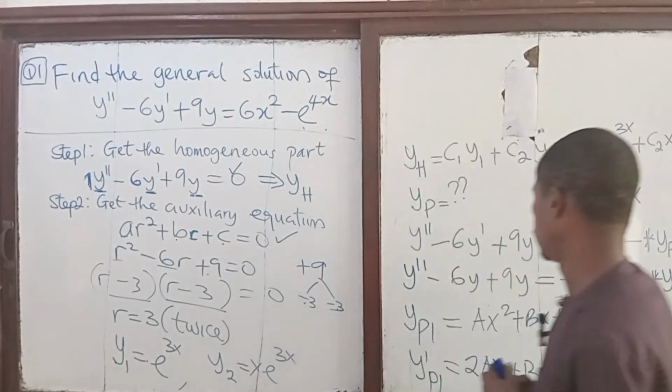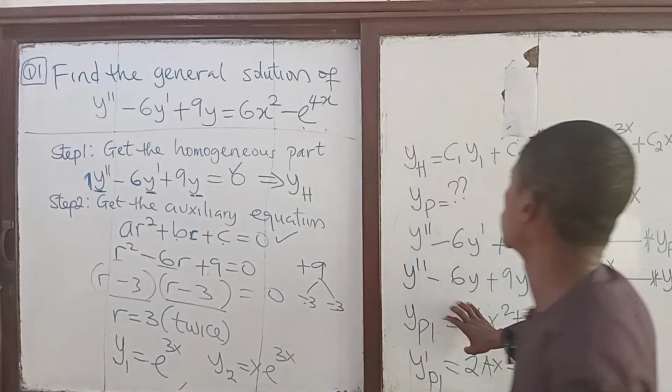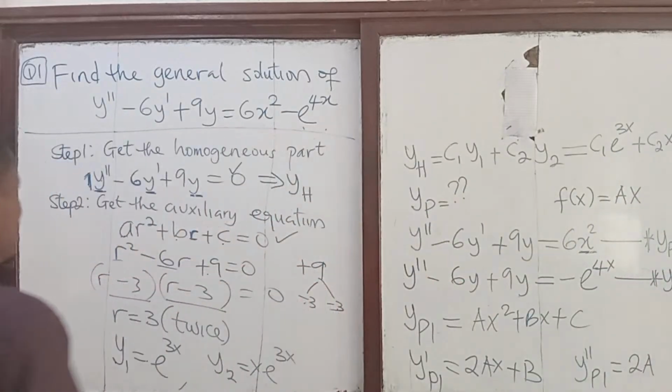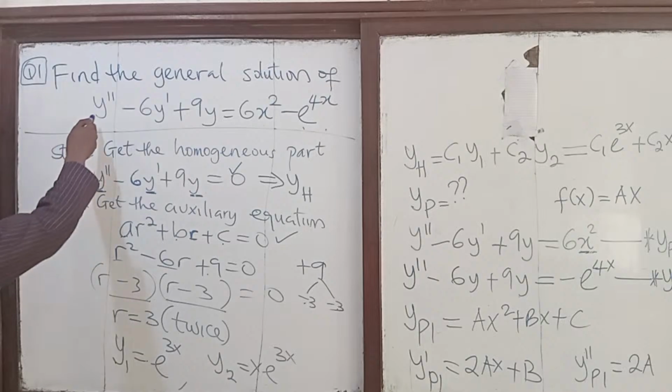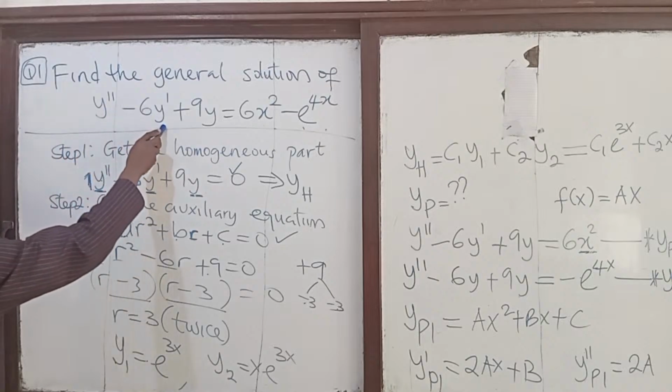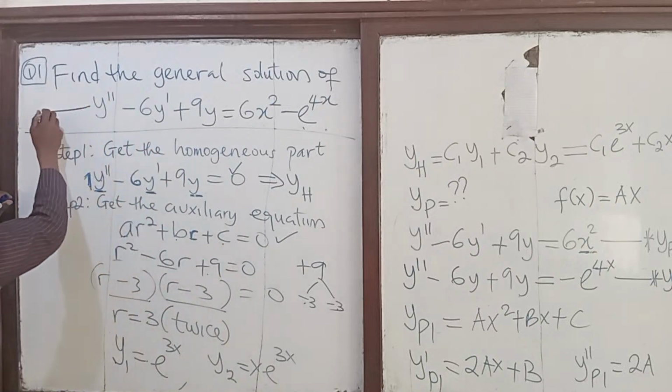So that's what we have now. We've gotten the first and second differential of yp1. What we're going to do now is go back to the question and begin to substitute the second differential here and the first differential here into the given differential equation.